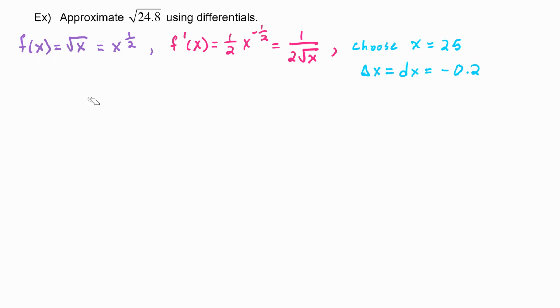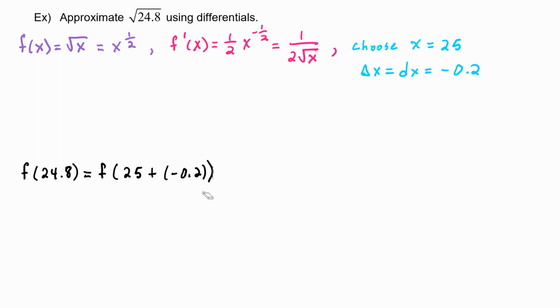Now I'm going to purposely leave a little space here, and you should too. But what we're trying to do now is we are trying to approximate f of 24.8 by saying that it will exactly equal f of 25 plus a negative 0.2.